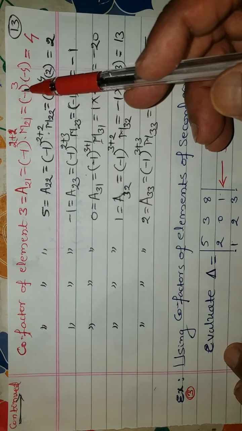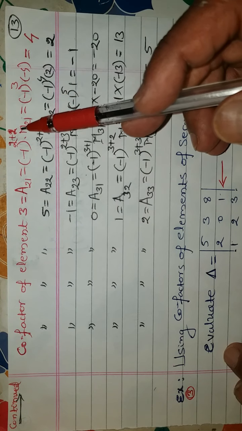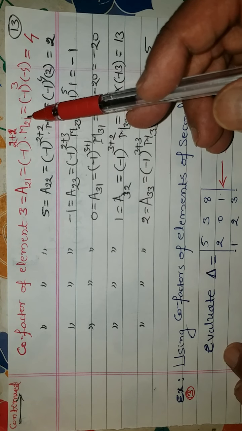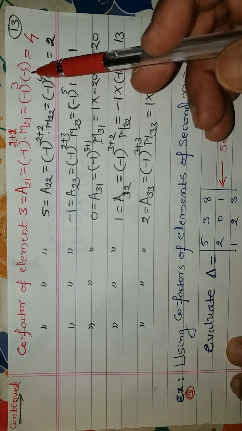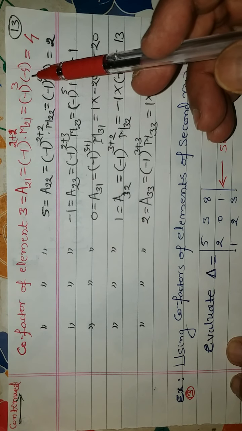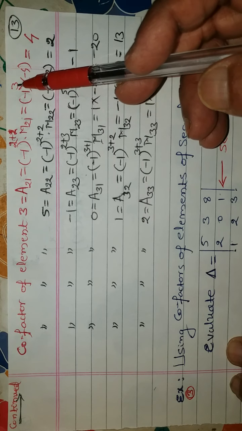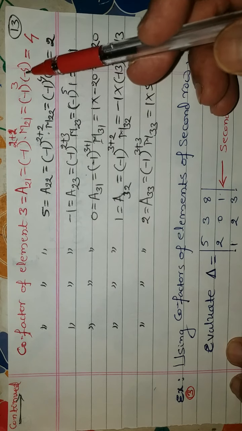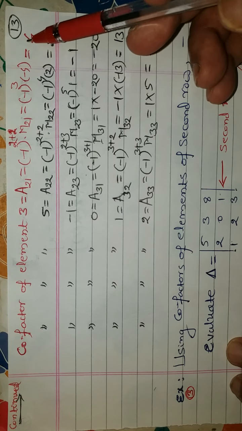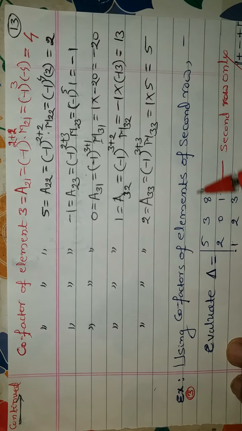Hence minus 1 to the power of 3 into the minor of A21, which we already found, that equals minus 4. Hence minus 1 into minus 4, which equals plus 4.